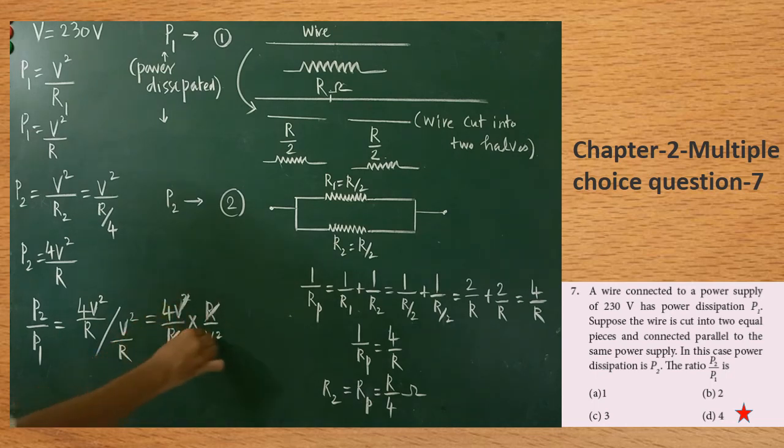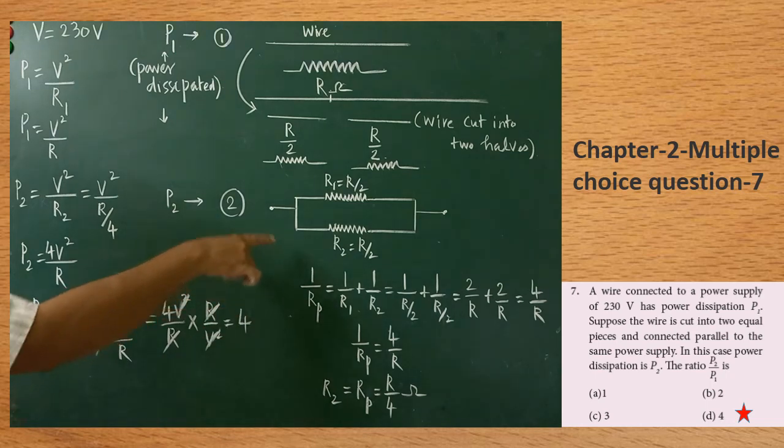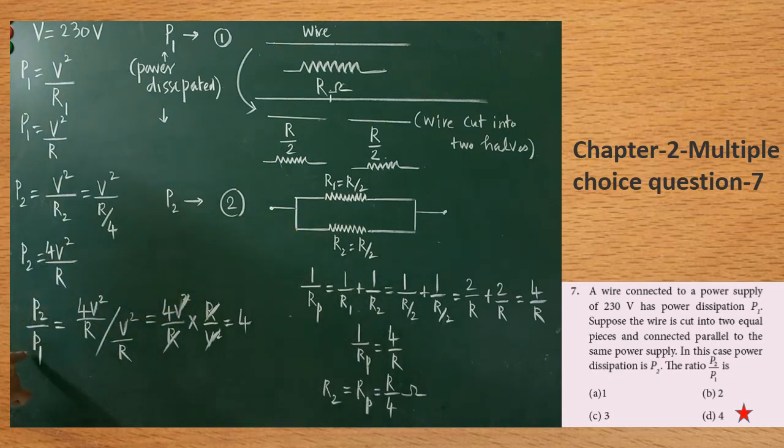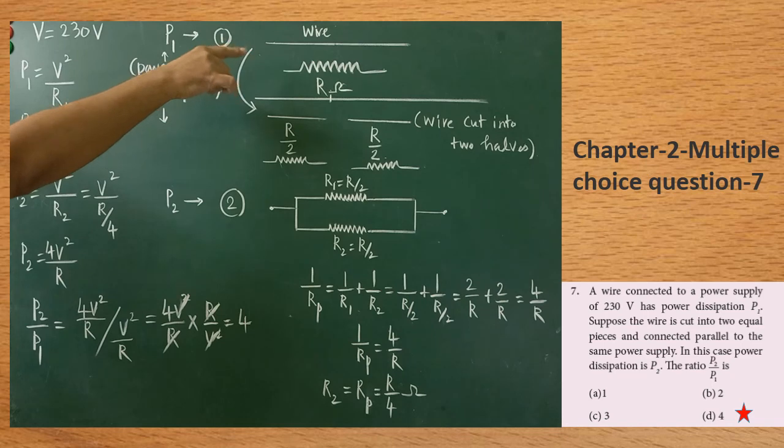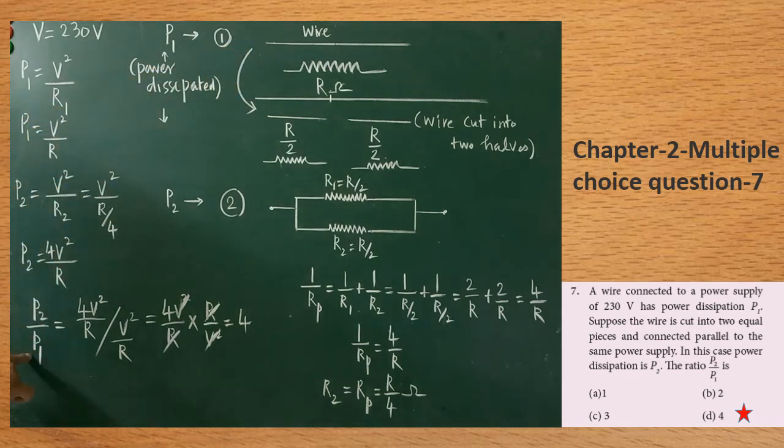Cancel the common factors, so the final answer will be 4. The ratio of power dissipated in the second parallel network to the power dissipated in the initial wire, P2 divided by P1, is how much?